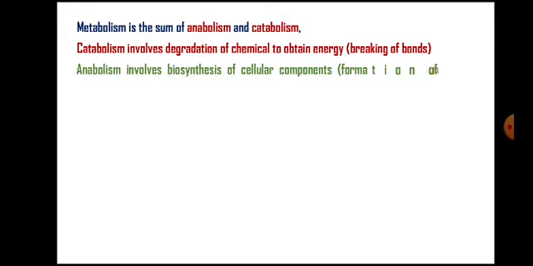Anabolism involves biosynthesis of the cellular components, the components of the cell. It involves formation of bonds and biosynthesis of biomolecules. In these types of reactions, the energy liberated is utilized. So, catabolism involves release of energy and anabolism involves consumption of that energy.